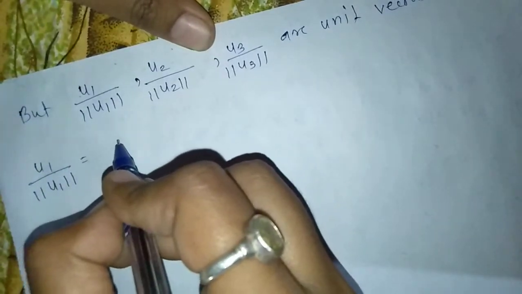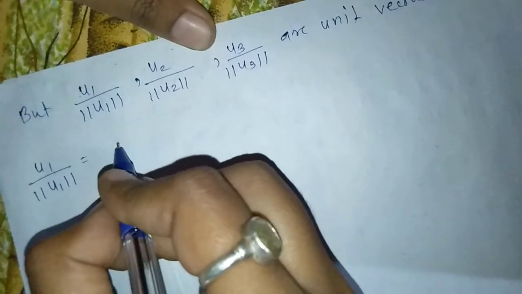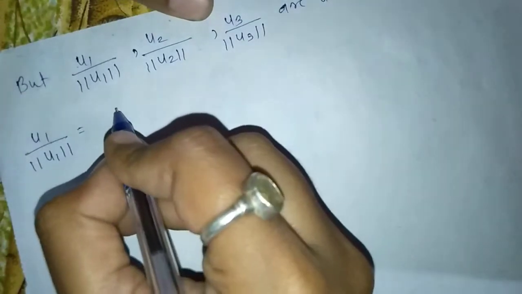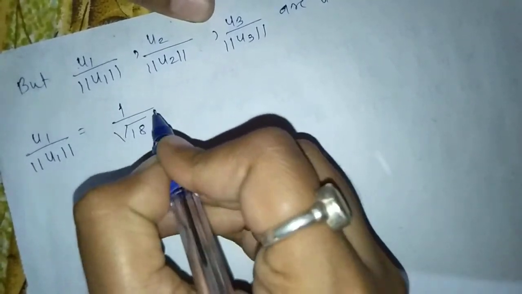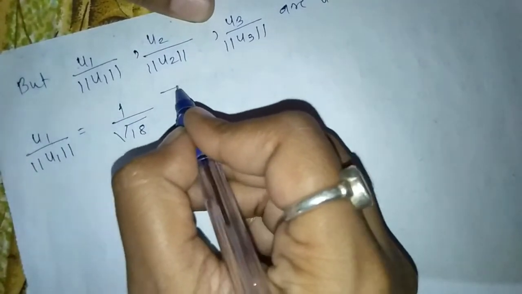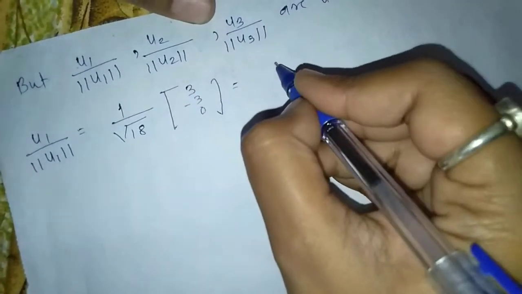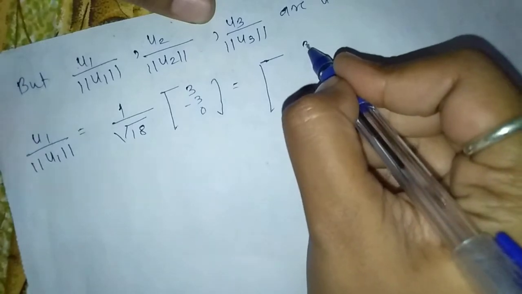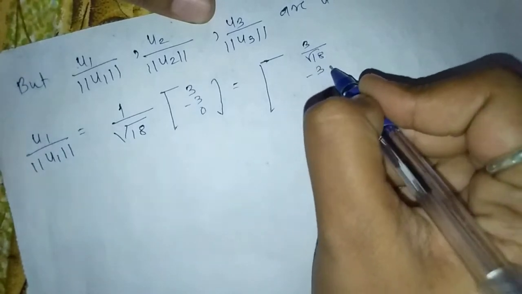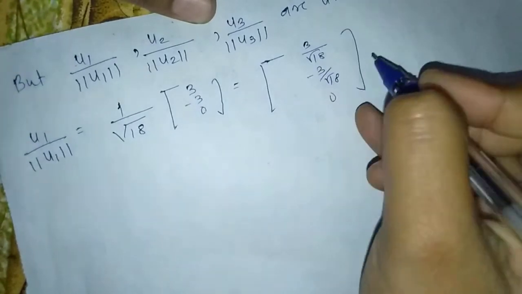So calculate U1 upon norm of U1. U1 is (3, -3, 0) and norm of U1 is the square root of 18, so we get the first vector (3 upon root 18, -3 upon root 18, 0).